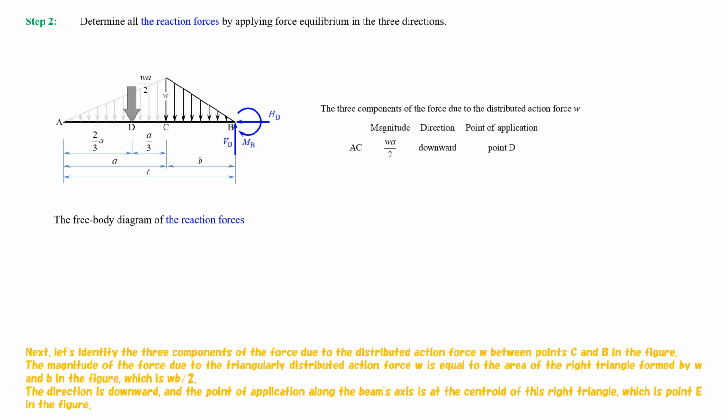Next, let's identify the three components of the force, due to the distributed action force W, between points C and B in the figure. The magnitude of the force, due to the triangularly distributed action force W, is equal to the area of the right triangle formed by W and B in the figure, which is W multiplied by B, divided by 2.